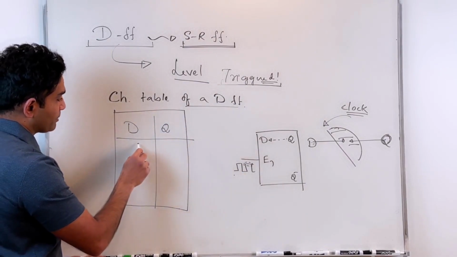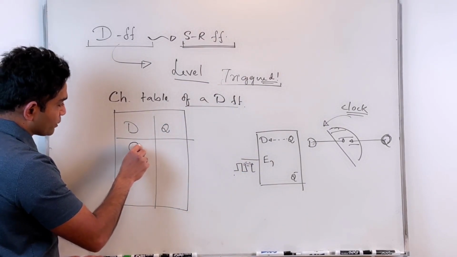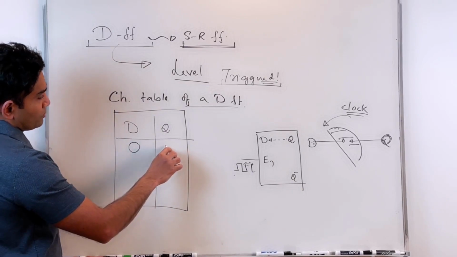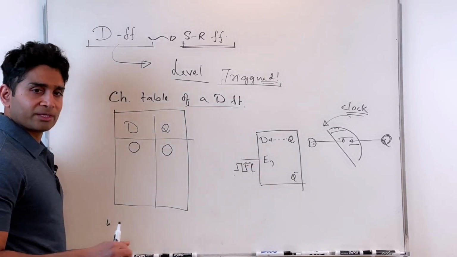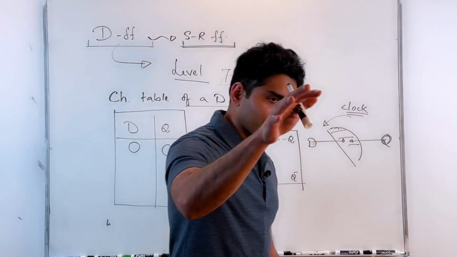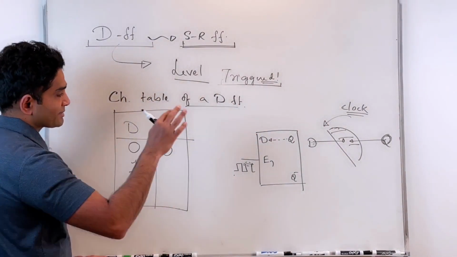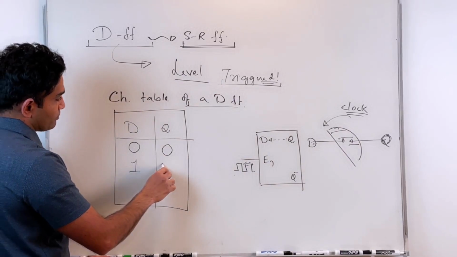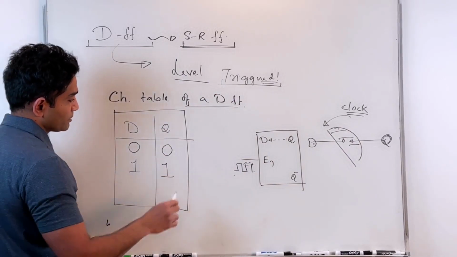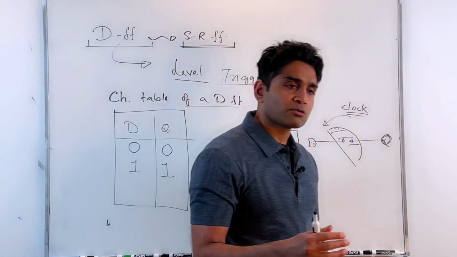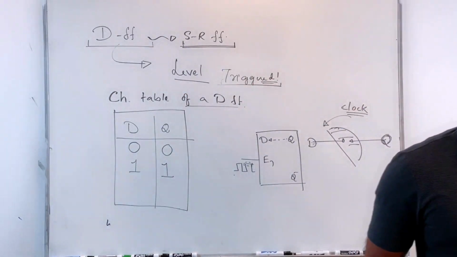For a D flip-flop, if I apply a D input of 0, my Q becomes 0 on the next active level, right? If I apply a 1 on my D, on the next active level, my Q will also be a 1. So my Q follows D for a D flip-flop.